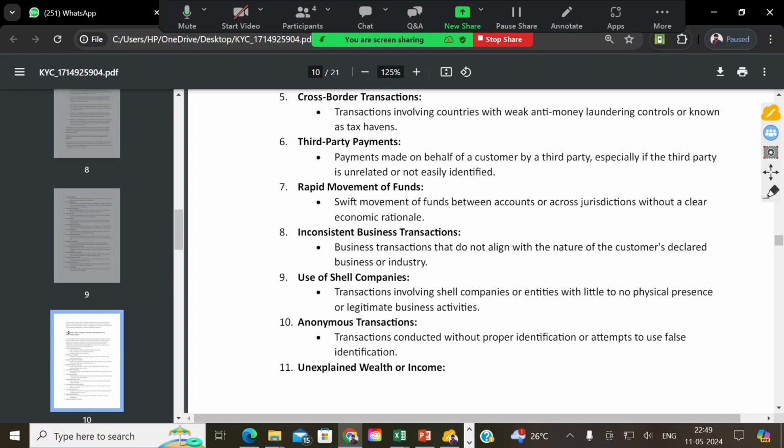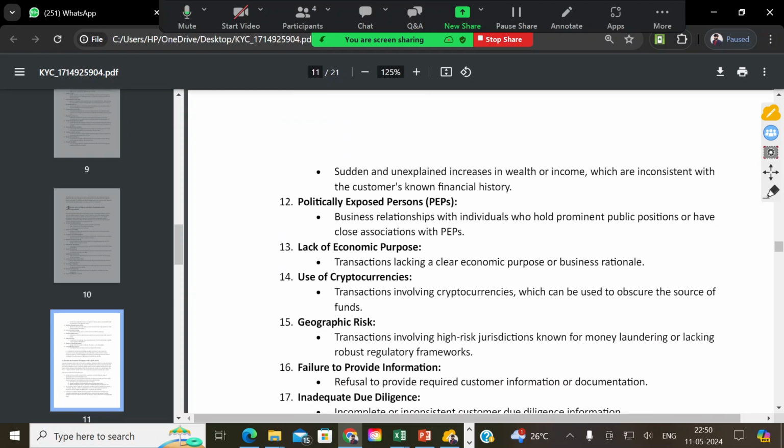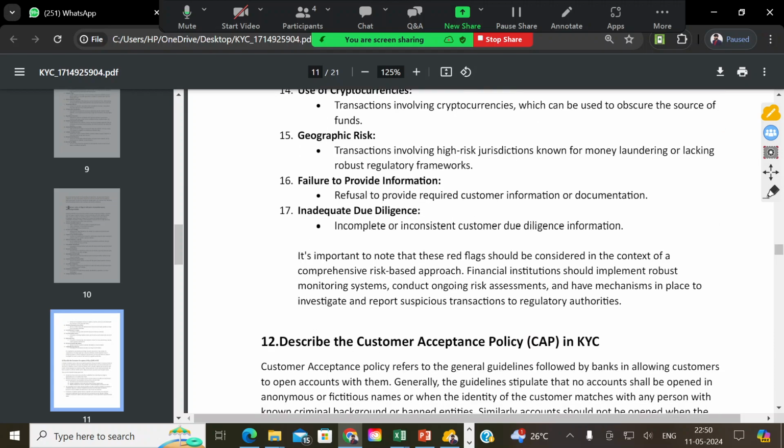Most of the people hold shell companies. And unexplained wealth or income also comes under this KYC and AML part. Politically exposed persons, lack of economic purpose, or failure to provide information and all. So again, these are the red flags. Almost 17 are the red flags.